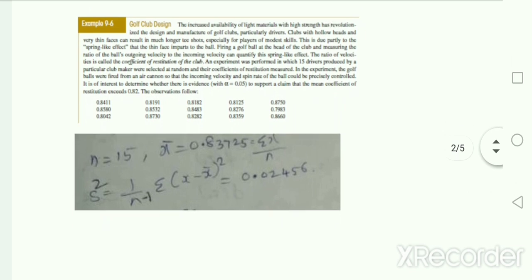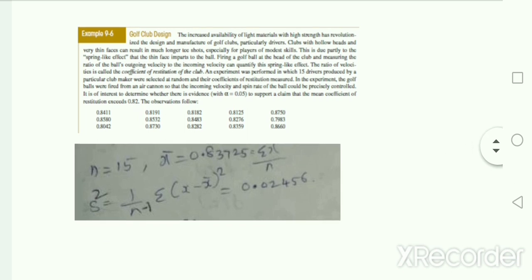In this problem, actually this is a problem of golf club design. In this problem they give only 15 sample observations, and only one more piece of information is given, the alpha value is 0.05.